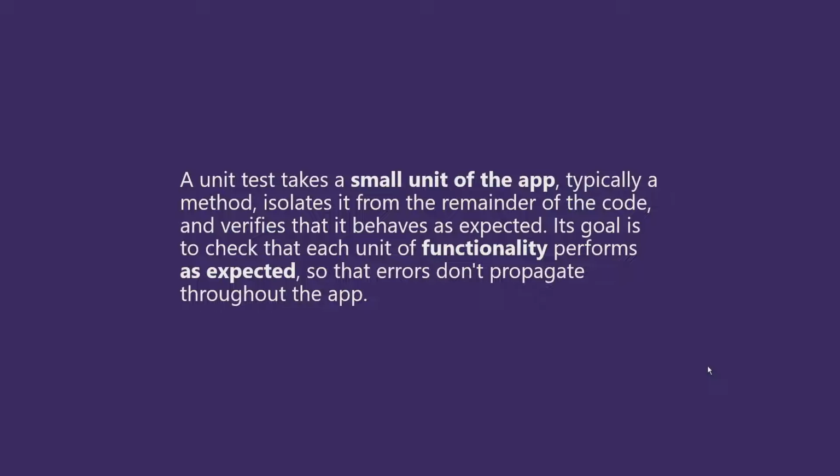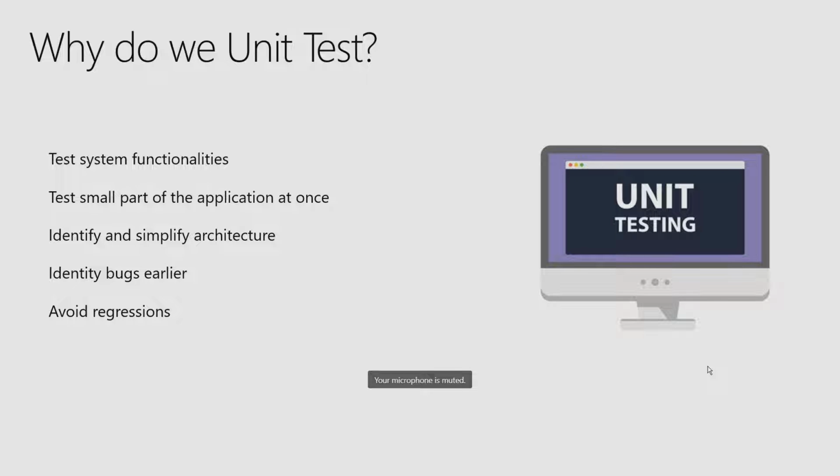Some people also use the so-called test-driven development technique, and in this case, unit tests are written before the app itself, and it's also useful for documentation and specification. I think the next question can be, why do we need unit testing?